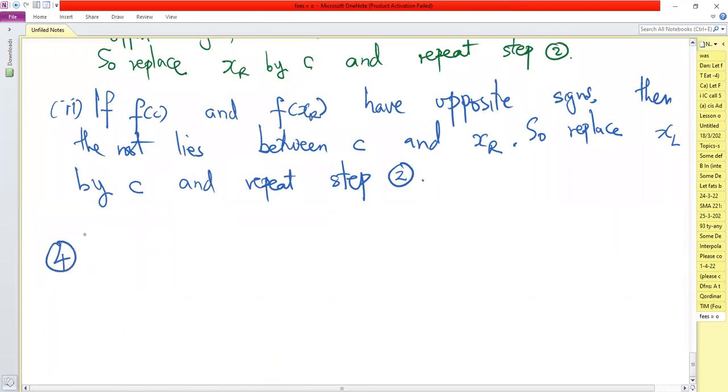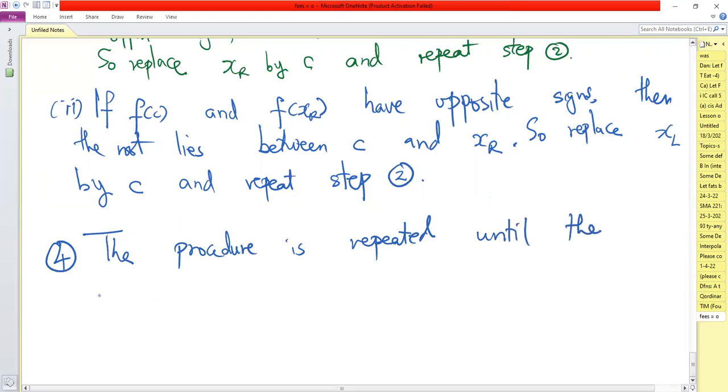So number 4, the procedure is repeated until the required accuracy is achieved. So that's what you have. The process is repeated, steps 1 to 3, until the required accuracy is achieved.